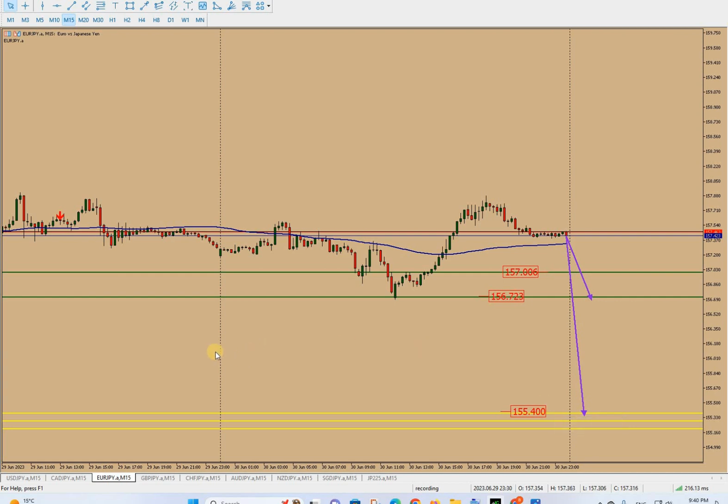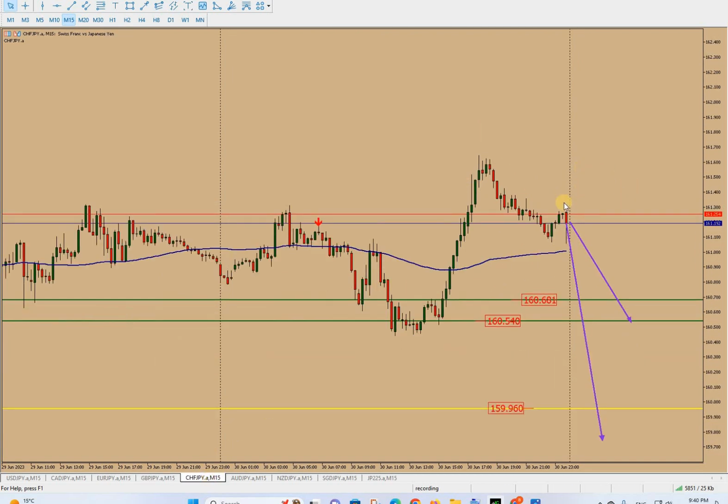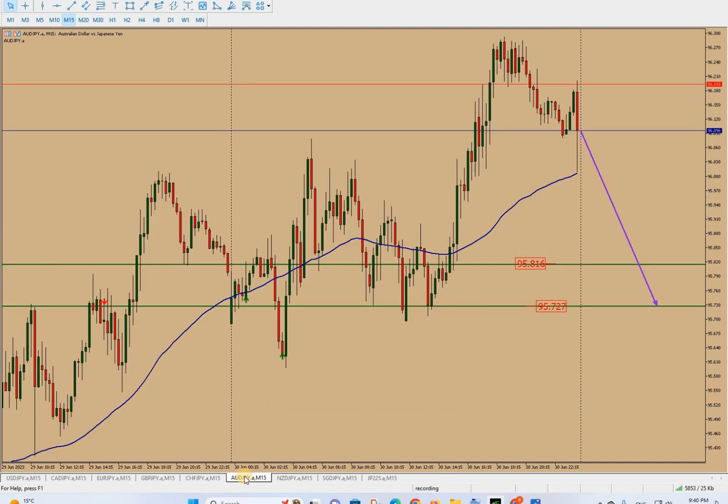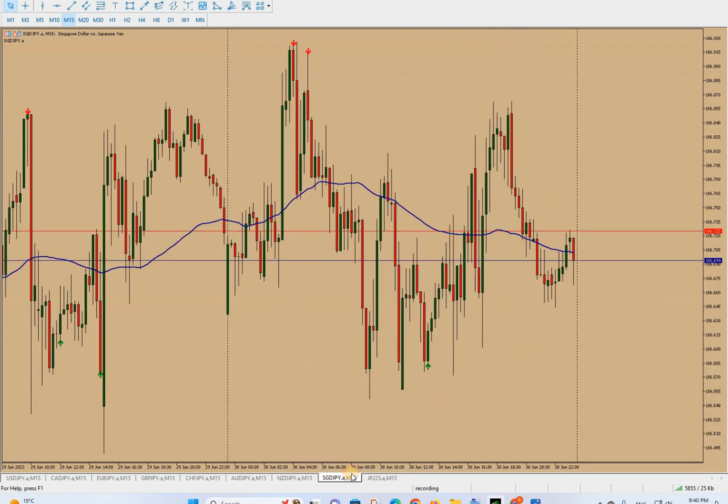I hope you understood what I have said about how you recognize the direction of the pair you want to trade. You have to look at the index first. For Pound Japan, it is heading down to those levels again. CHF Japan is going to go down to those levels. Australia Japan, same thing. New Zealand Japan are going down too. For Singapore, I did not find any level.